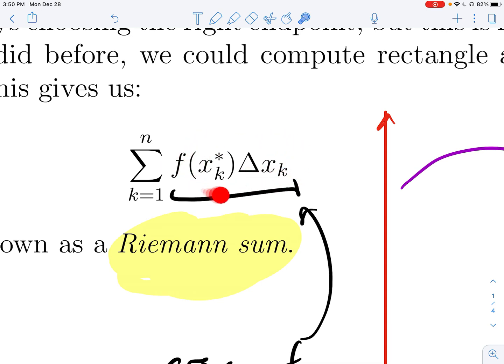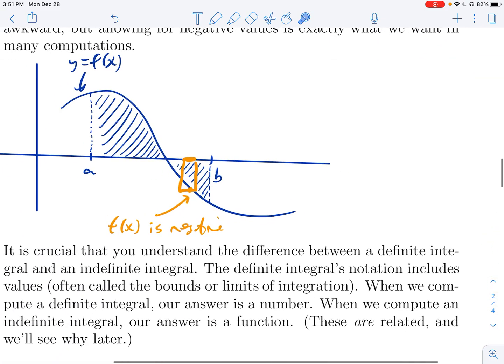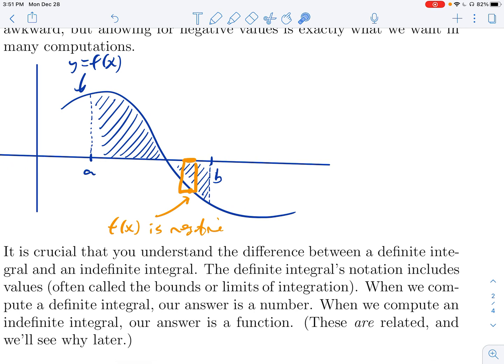So we're not literally computing an area when we do this. We're taking a y value times a width. So it's possible that we would get a negative, and technically areas are never negative. This is what's called signed area. So when the graph is below the x-axis, we're actually getting negatives in that formula.